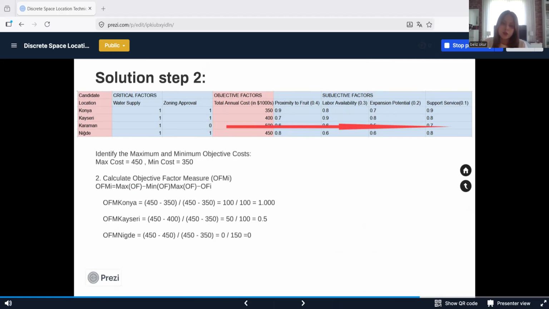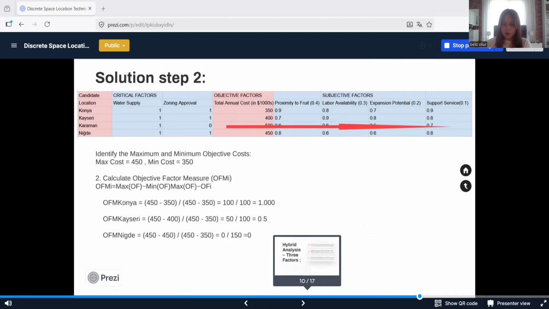It basically scores how close the city is to the cheapest option. Konya is the cheapest, so it gets a perfect objective score of 1.0. Niğde is the most expensive, so it gets 0. Kayseri sits right in the middle with 0.5. Now let's move on to step 3.